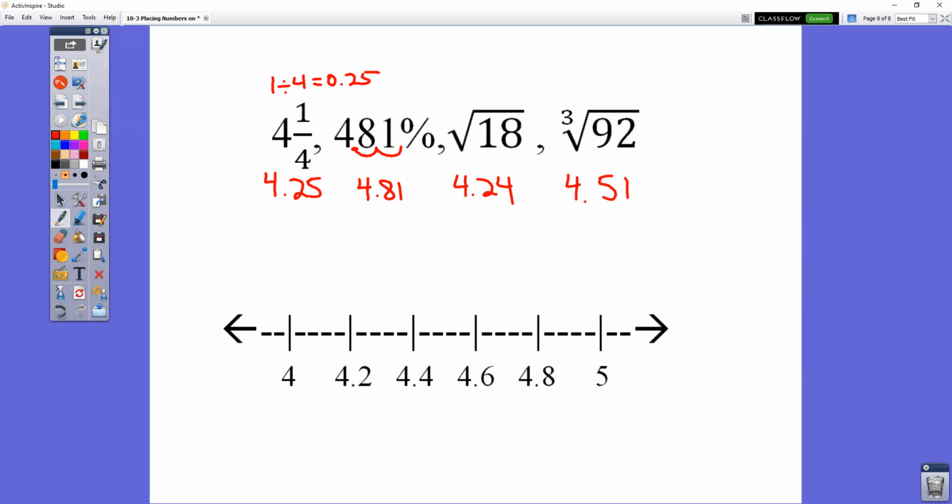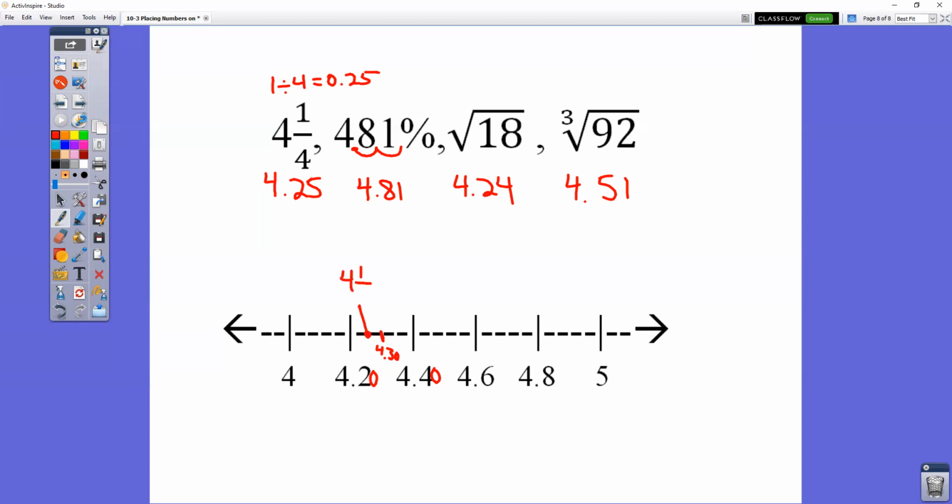So when we go to graph, our number line is counting by twos. $4.25. $4.25 is in between 4.20 and 4.40. 4.3 or $4.30 would be right in the middle. So 4.25 has to be exactly halfway in between 4.20 and 4.30.